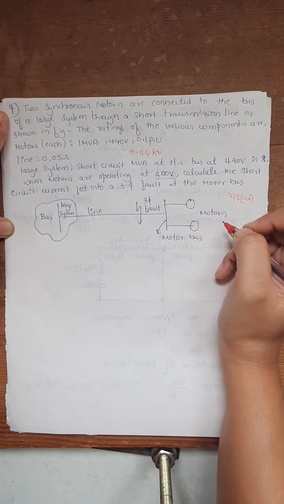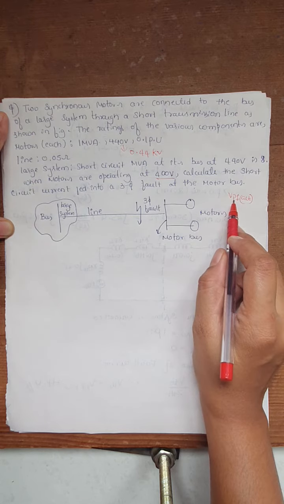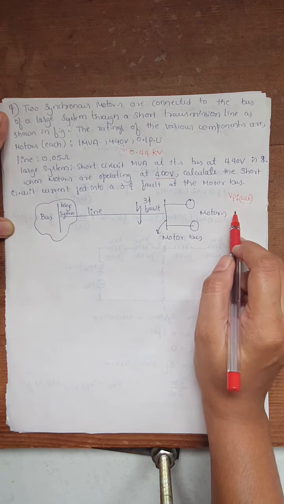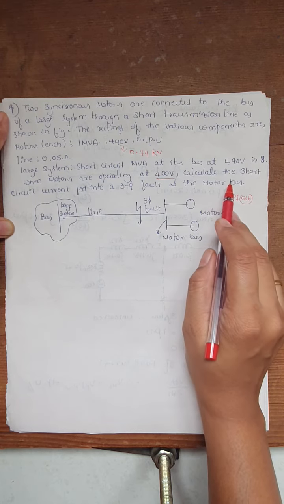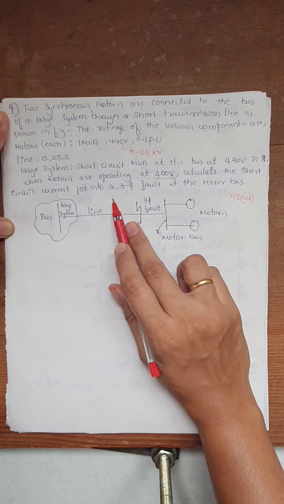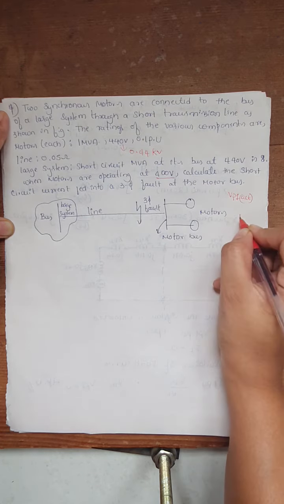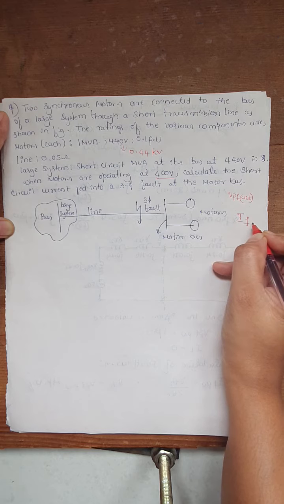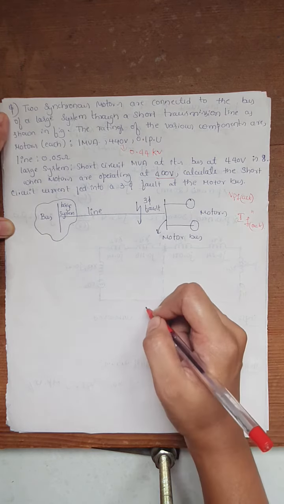Only on the load side they have given the actual voltage, but the current and power values are not given. You have to calculate the short circuit current fed into a three-phase fault at the motor, that is, the fault current in actual, I_F double dash actual.